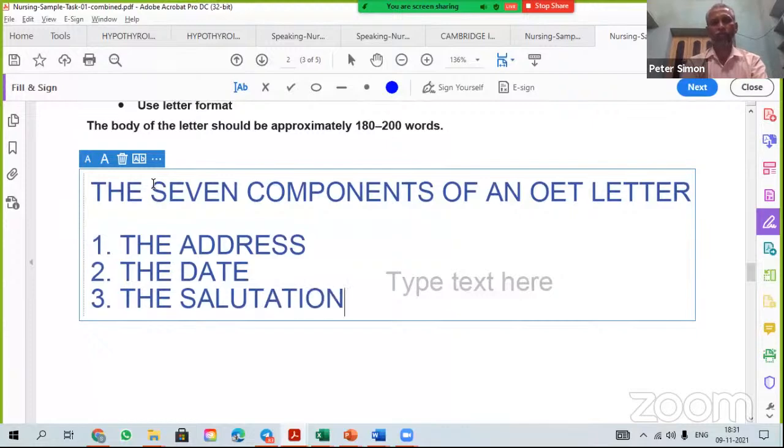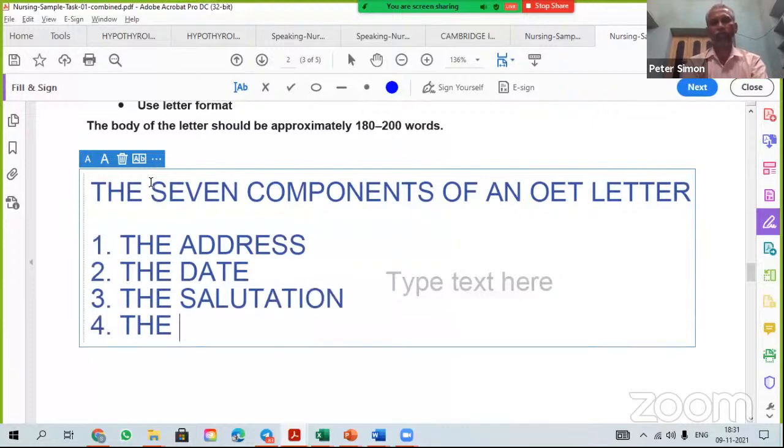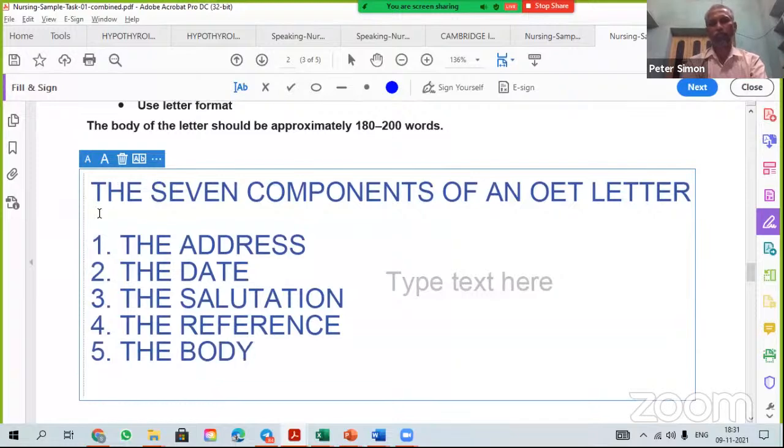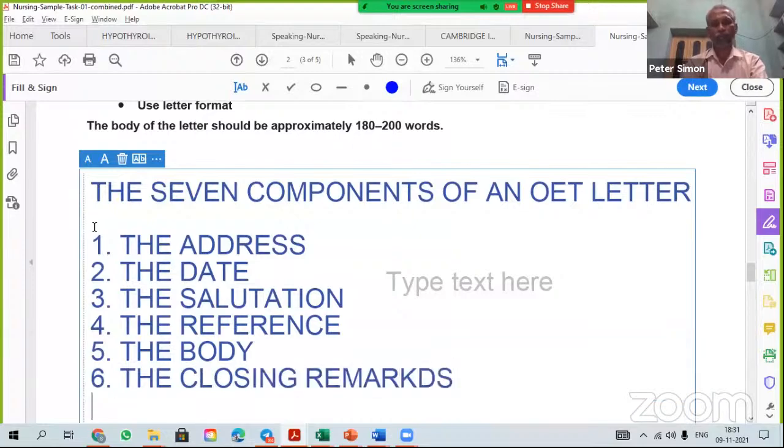Number 4 is the reference. Number 5 is the body. Number 6 is the closing remarks. And number 7 is the sender's particulars.